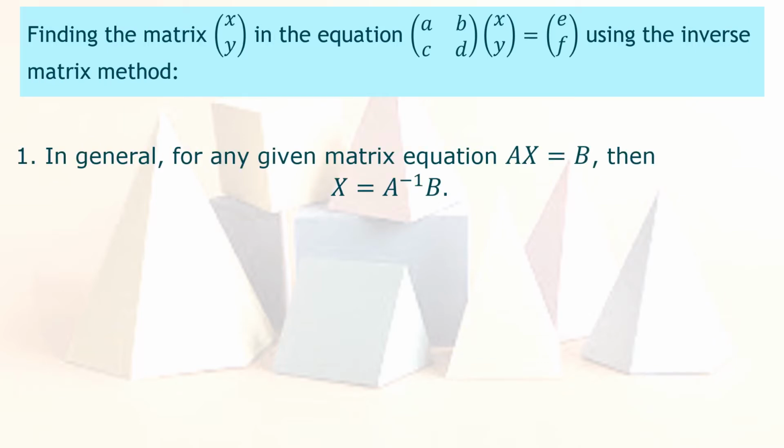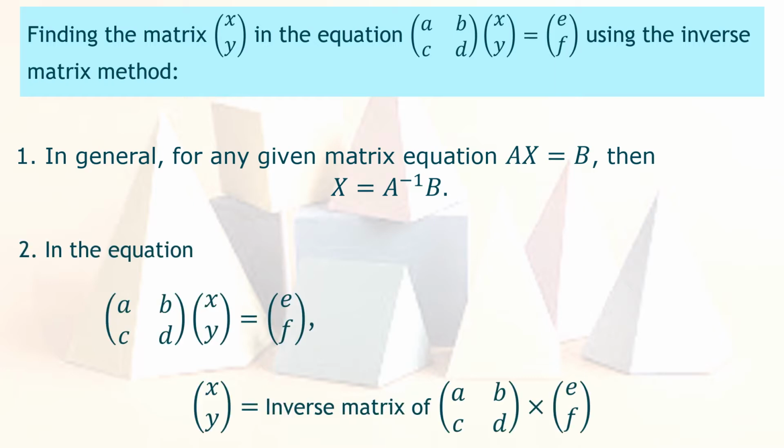In general, for any given matrix equation AX = B, then X is equal to A to the negative 1, the inverse of A, times B. In the equation [a b; c d] times [x; y] = [e; f], [x; y] is equal to the inverse matrix of [a b; c d] times [e; f].